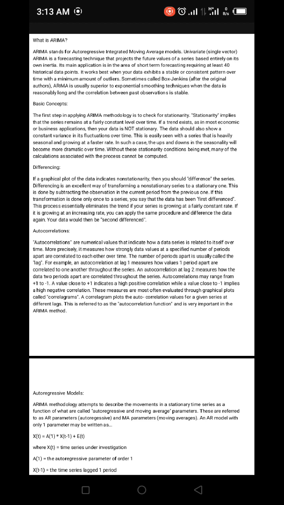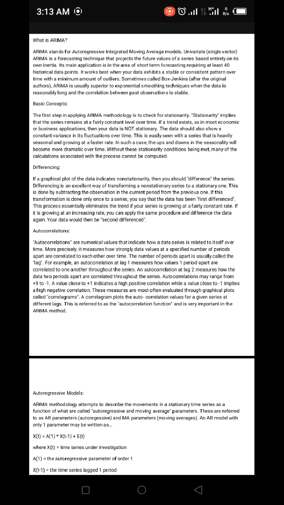It's a univariate single model, and it is a forecasting technique that projects the value of a series based on its own characteristics. It's mostly a short-term forecasting model.